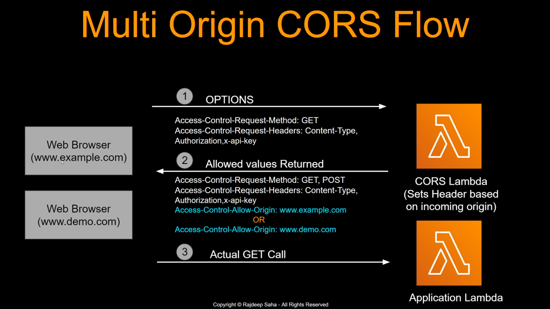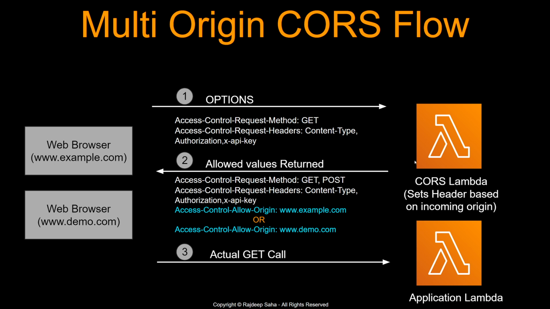If the call is coming from www.example.com, going to this CORS Lambda, it sets all the header values, and for access control allow origin, it sets www.example.com. If it is coming from www.demo.com, then it's going to set the access control allow origin as www.demo.com. And if it comes from any other website, you can put logic in the Lambda not to send back any access control allow origin or not set the headers. Then the API call from that unwanted origin is going to fail.